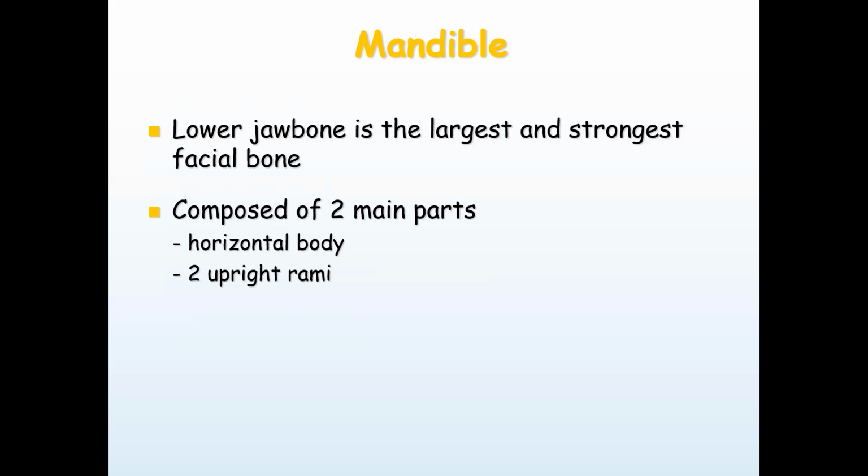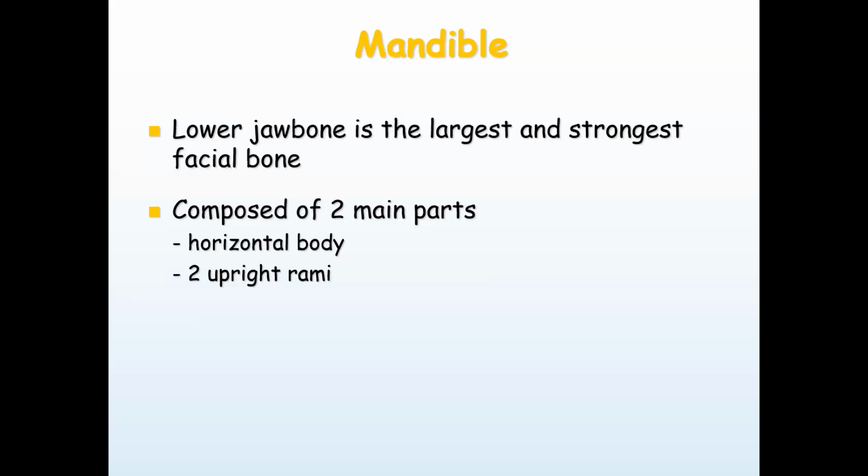So yes, our mandibles are strong in comparison to the other facial bones, but not in comparison to the mandibles of other animals, okay? Something as simple as a chimpanzee can literally bite through somebody's head, right? I've never seen a human being bite through another human being's head. I just don't think it can happen. So keep that in mind, right?